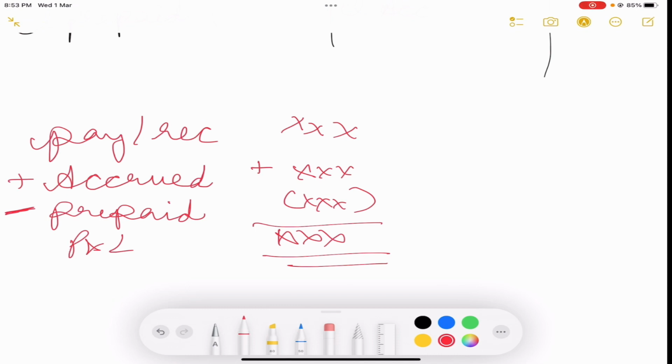This is just the shortcut of our accounts, both income and expenditure. Take a moment and revise all the formulas, and we'll start with the questions.